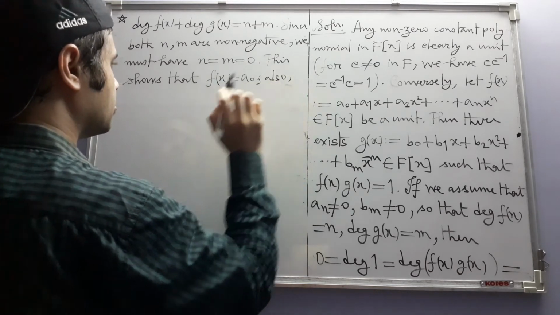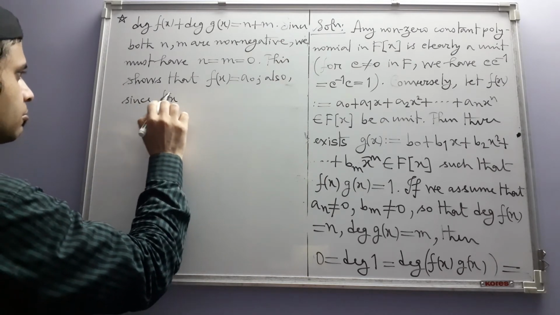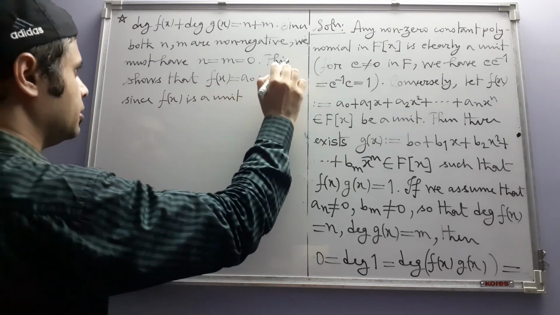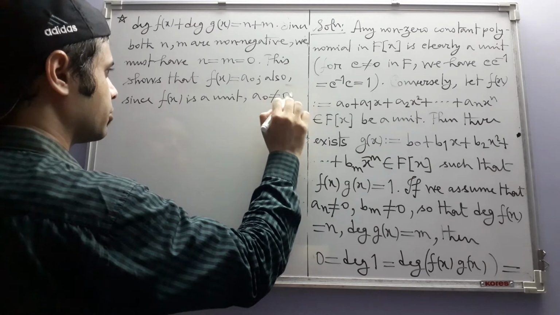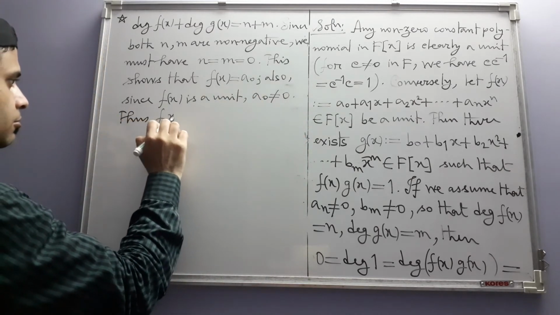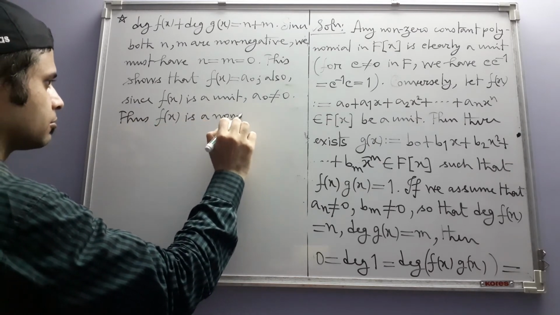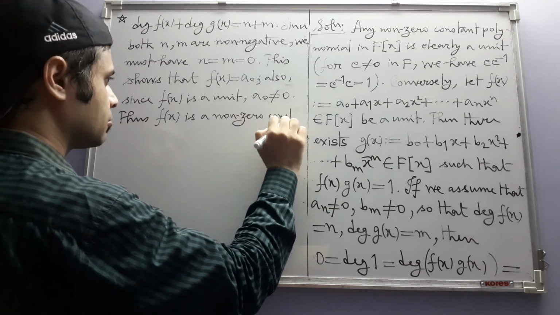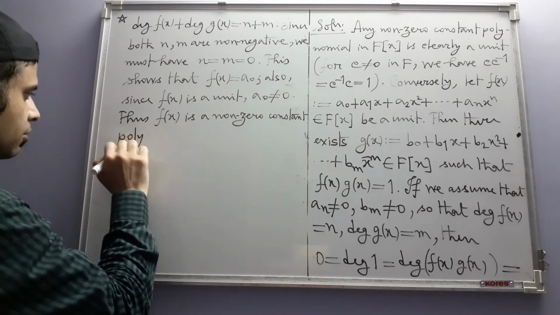Also, since f(x) is a unit, a naught is not equal to 0. Thus, this is a non-zero constant polynomial.